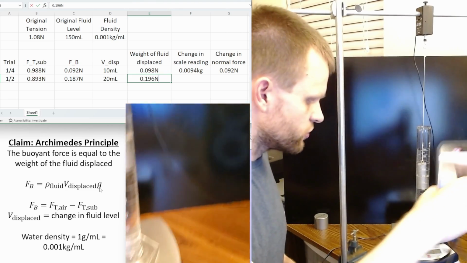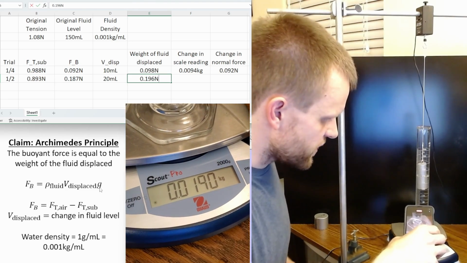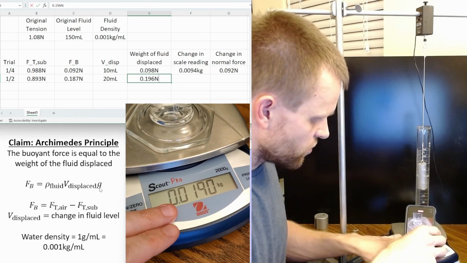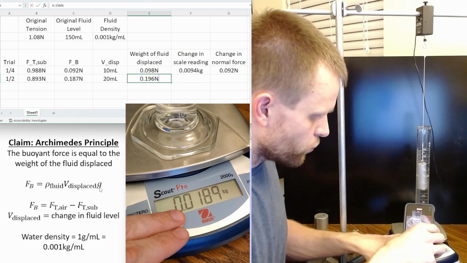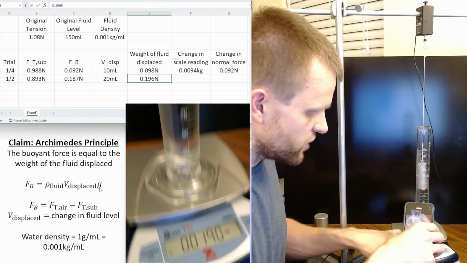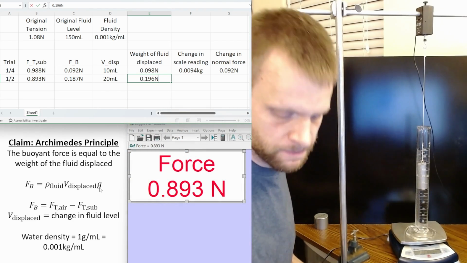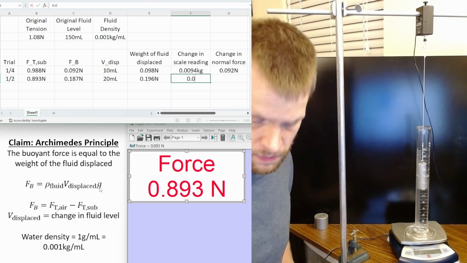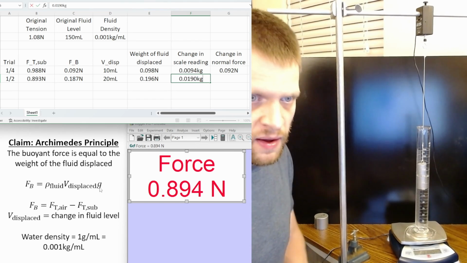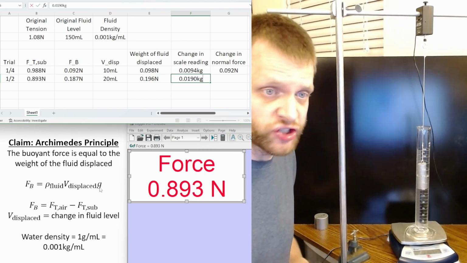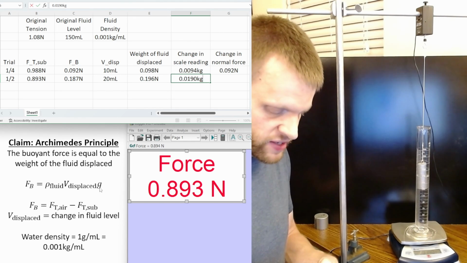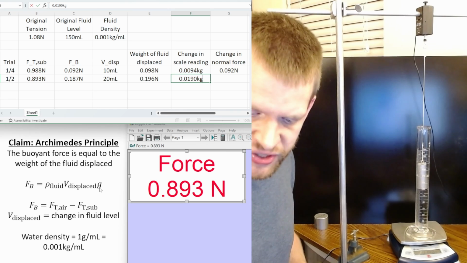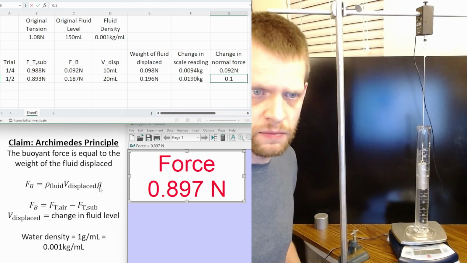And let's also look at our scale reading. Our scale is now reading the change in the apparent weight of this cup as 0.0190 kilograms. And to convert that into the change in the normal force, we multiply that by 9.8. And I get 0.186.